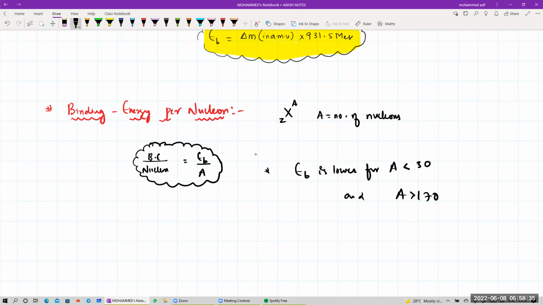Now what does this binding energy per nucleon tell us? It will tell you how stable the nucleus is.